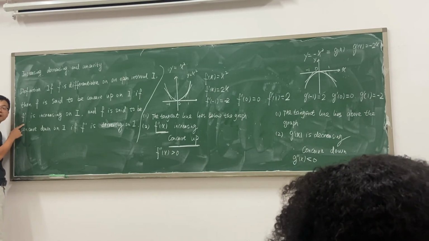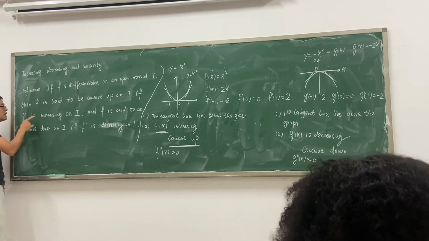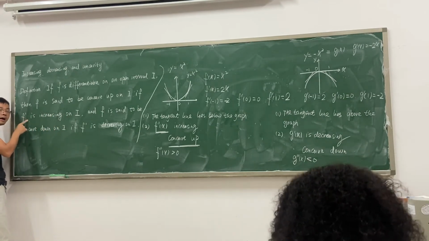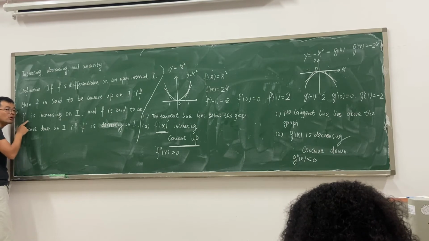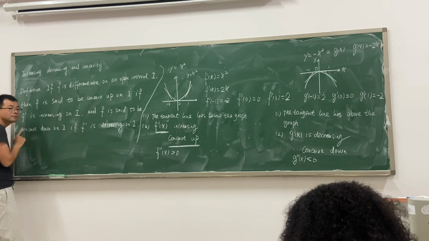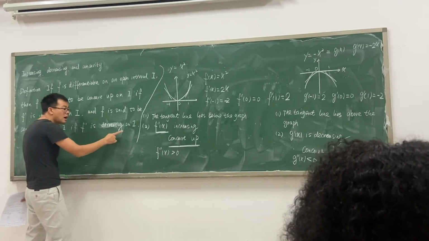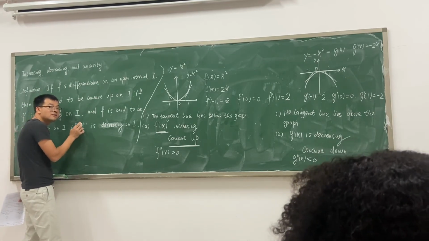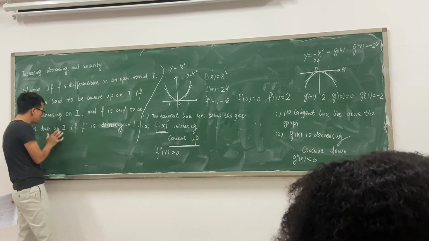So f prime is increasing on I means the derivative of f prime, f double prime, is greater than 0, so f is concave up. F prime is decreasing on I means f double prime is less than 0, so f is concave down.